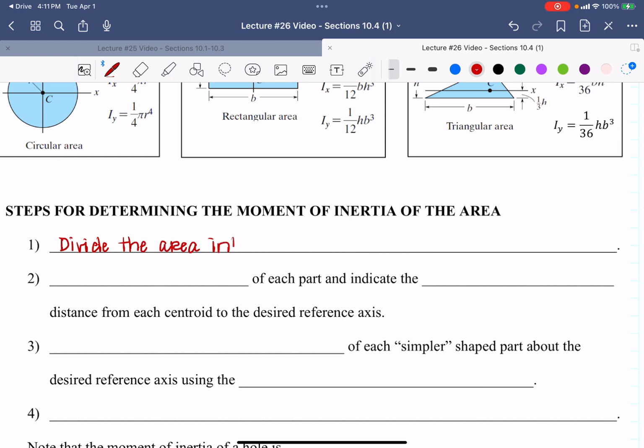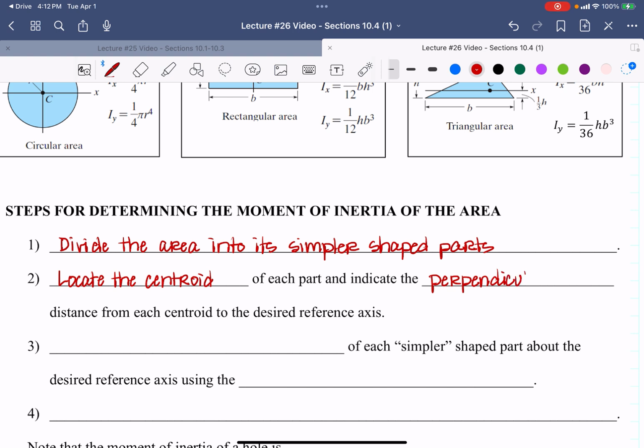Second, locate the centroid of each part and indicate the perpendicular distance from each centroid to the desired reference axis.